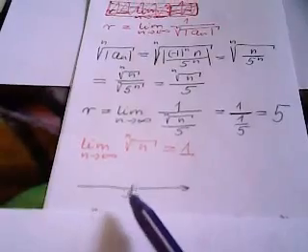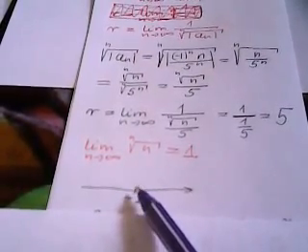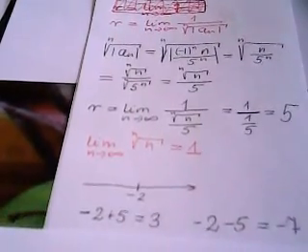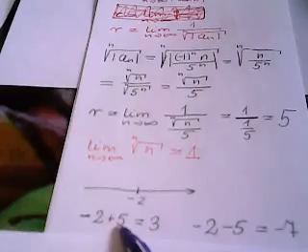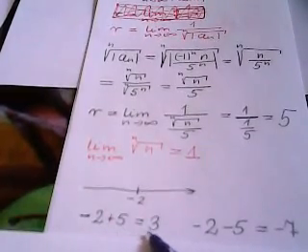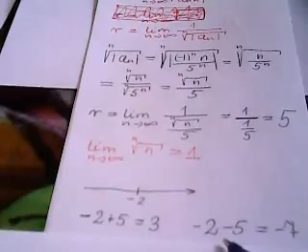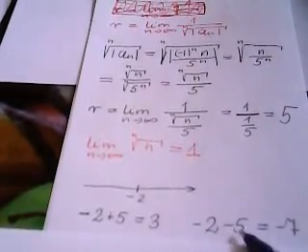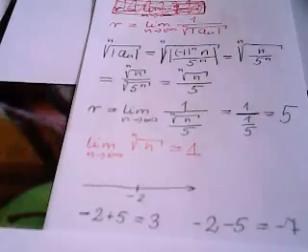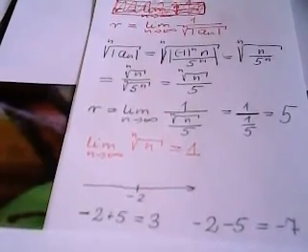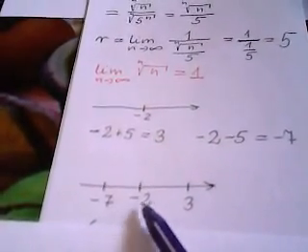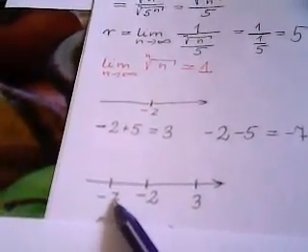And now I draw a number line. For example, the center here is -2, and now I add 5. -2 plus 5 is 3, and I subtract 5. -2 minus 5 is -7. And now again I draw a number line: -2, 3, -7.